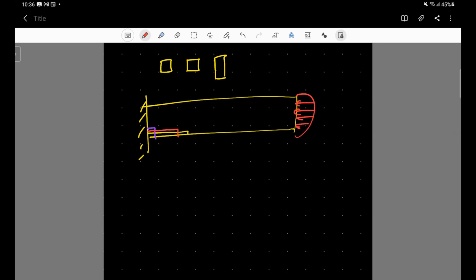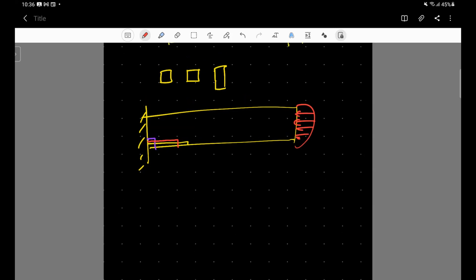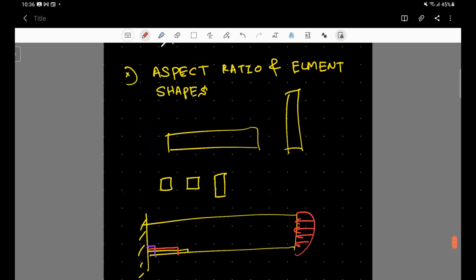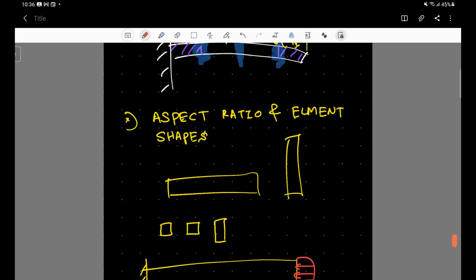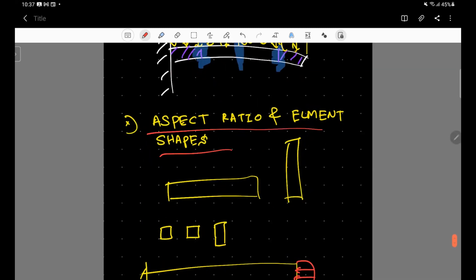If you're interested, maybe during the lab sessions, let's try to do this. We can change the aspect ratios of certain elements, and you can compare and plot the accuracy of the results which you would obtain when running a simulation. So aspect ratio is an important aspect which you have to keep in mind when you're selecting the element.